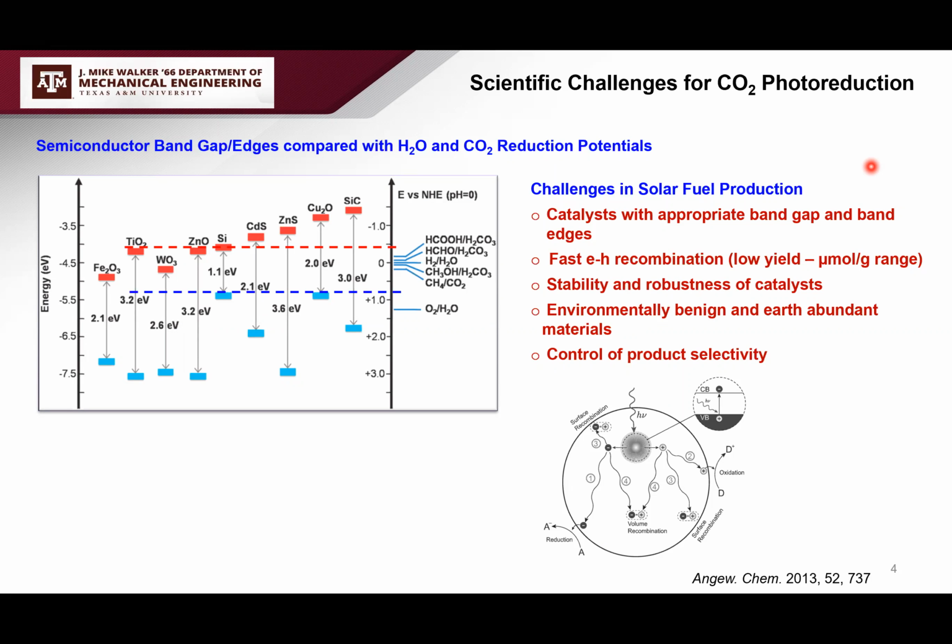And secondly, there is fast electron-hole recombination, happening either in the bulk or on the surface. That leads to a low yield, typically in the micromole per gram range. And that means there's a long way to go before commercialization.